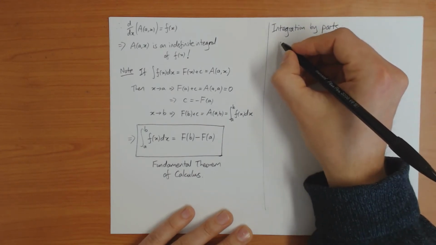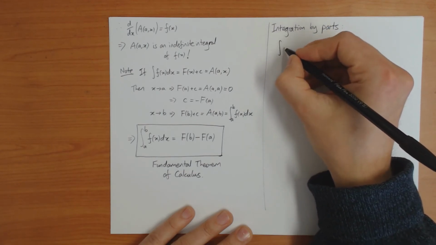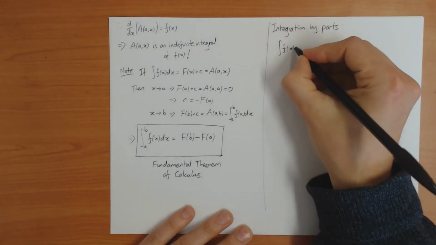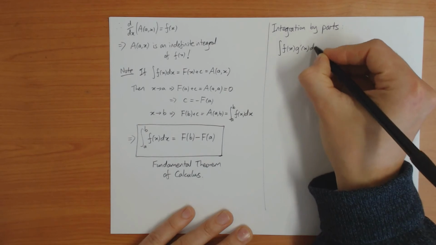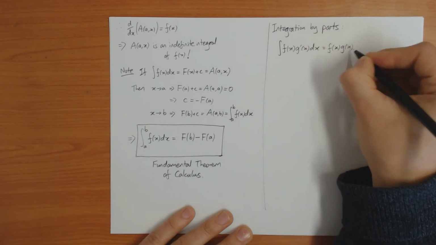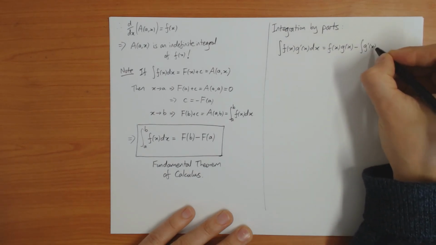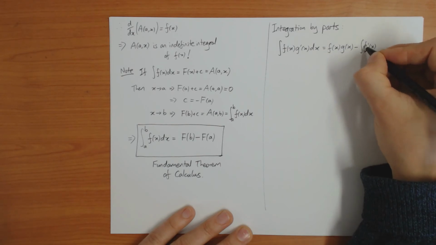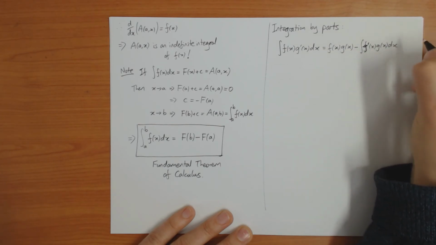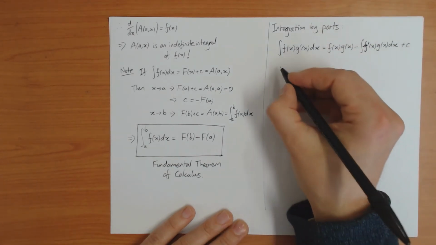As I wrote it down before, this is the integral of f of x g prime of x dx is equal to f of x g of x minus the integral of f prime of x g of x dx plus c. So that was the form we had it before as an indefinite integral.